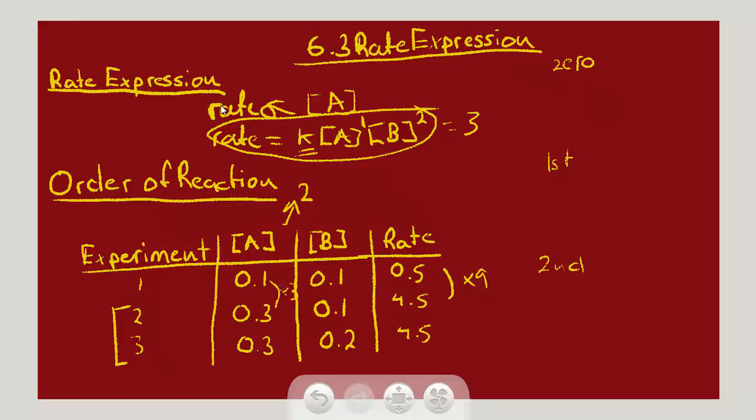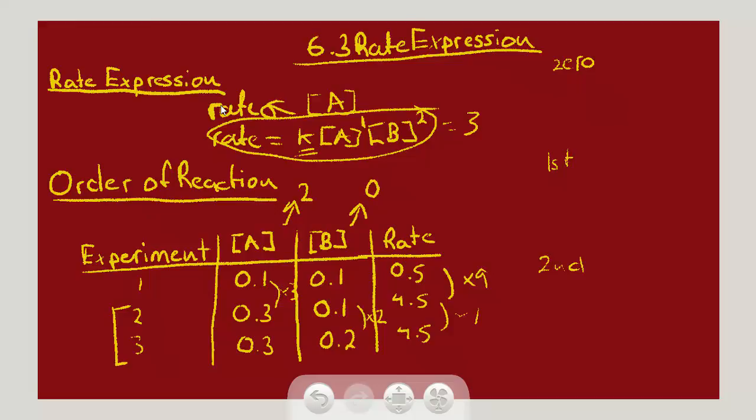With the concentration of B increasing from 0.1 to 0.2, or multiplying by 2, but the rate staying the same, there's no proportionality increase, signifying that the order of reaction for concentration B is 0.